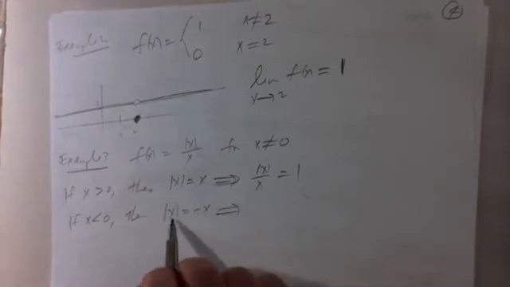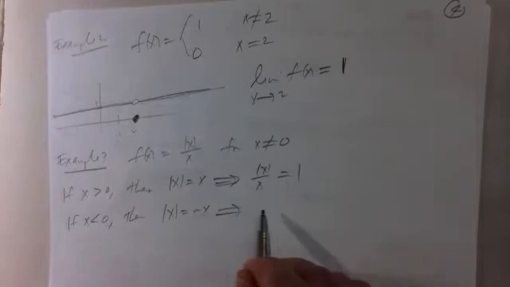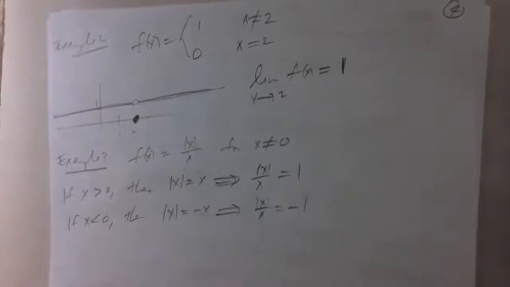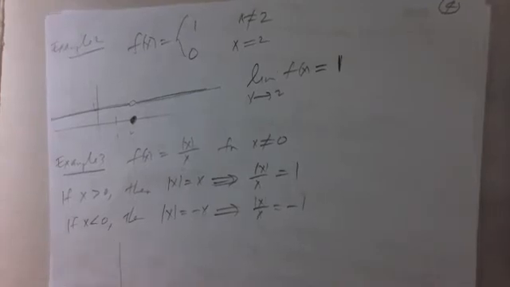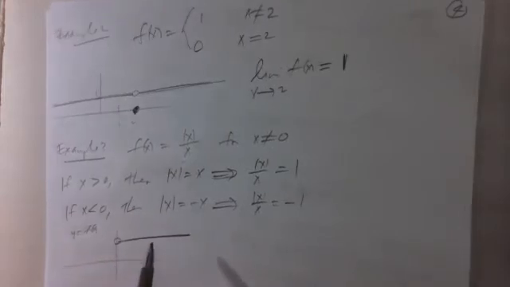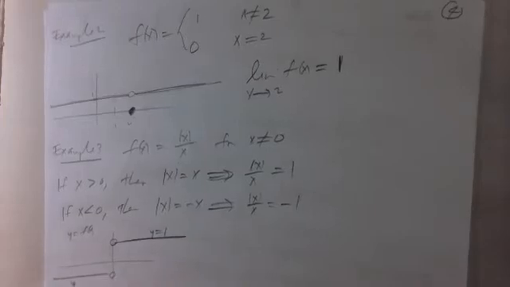So if the absolute value of x is minus x, then the absolute value of x divided by x is minus 1. So if you look at the graph of the function, y equals f of x, at 0, it's not defined. For positive values of x, it's 1. For negative values of x, it's minus 1. And it's not defined at 0.